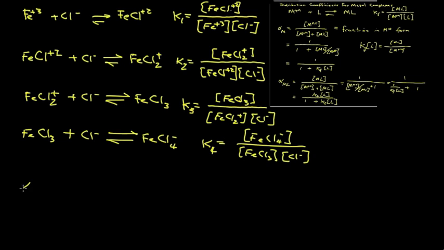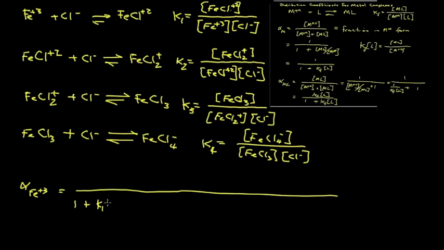Just as before, we can calculate a fraction in any given form. So the fraction in the free unbound metal ion form turns out to be 1 over 1 plus the first equilibrium constant times the ligand to the first power. The next term is the first two constants times the ligand concentration to the second power.